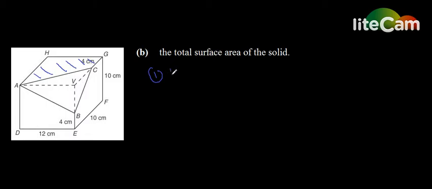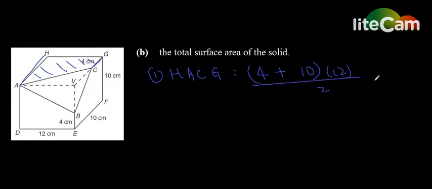HACG is a trapezium, so we will have 4 plus 10. 4 is here, plus 10 is here. Upper side and lower side, and we multiply by the height, HG, it is 12 cm, and then over 2. We have 84 cm squared. It is the first part.